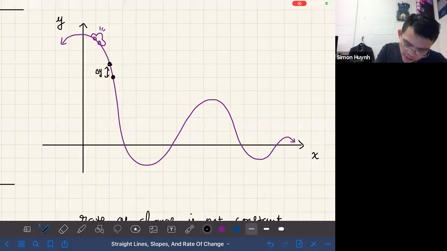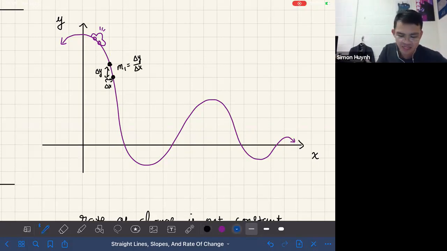some delta y, some delta x, and I'm looking at the rate of change. I'm going to abuse notation and just use m here. Let's say m1 is delta y over delta x, measuring some rate of change between two points. That rate of change is going to be very different from the rate of change at another location.